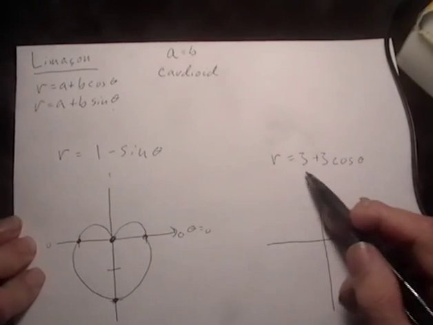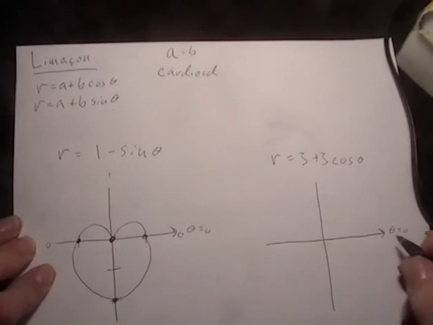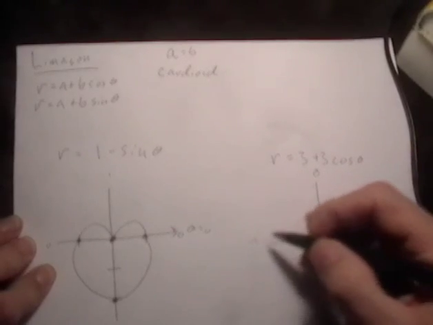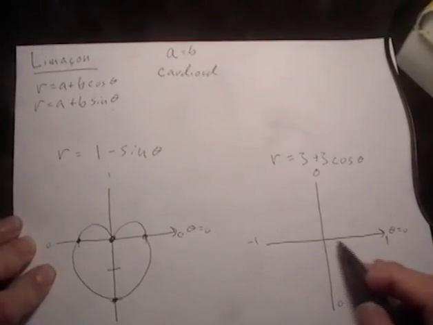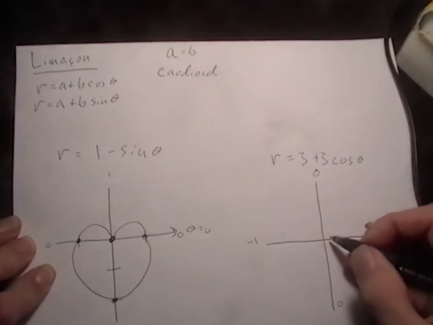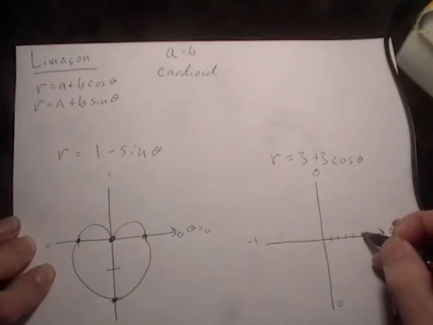If I let r equals 3 plus 3 cosine theta, the graph will look similar, though the orientation will change. Remember that cosine, the pattern is 1, 0, negative 1, 0. So in this direction, I'm at 3 plus 3 times 1. That would be 6. 2, 3, 4, 5, 6.